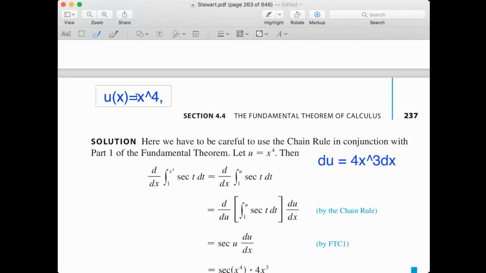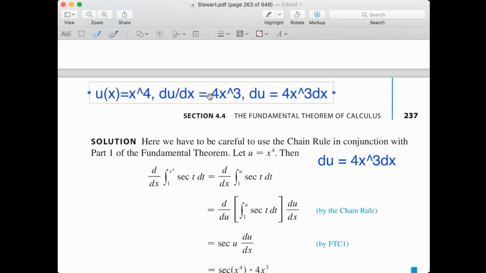Then we can talk about u prime or du/dx. What's du/dx? That's 4x cubed. Now let's multiply dx on both sides. du equals 4x cubed dx.